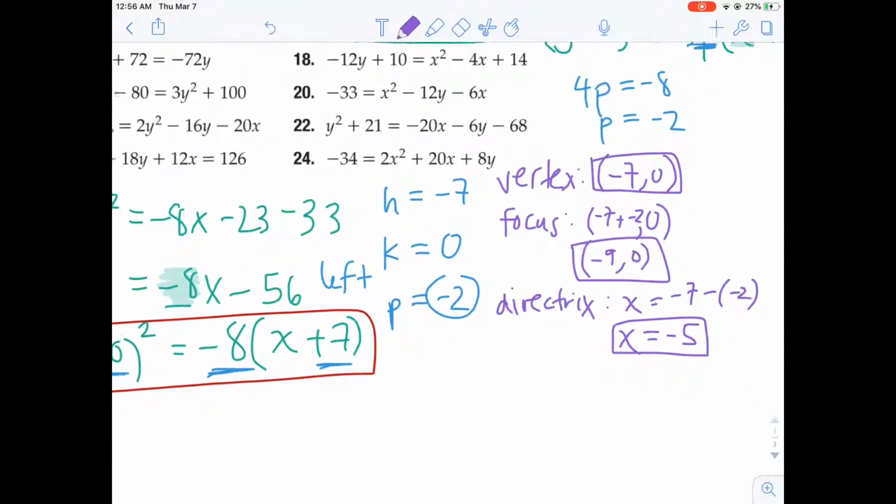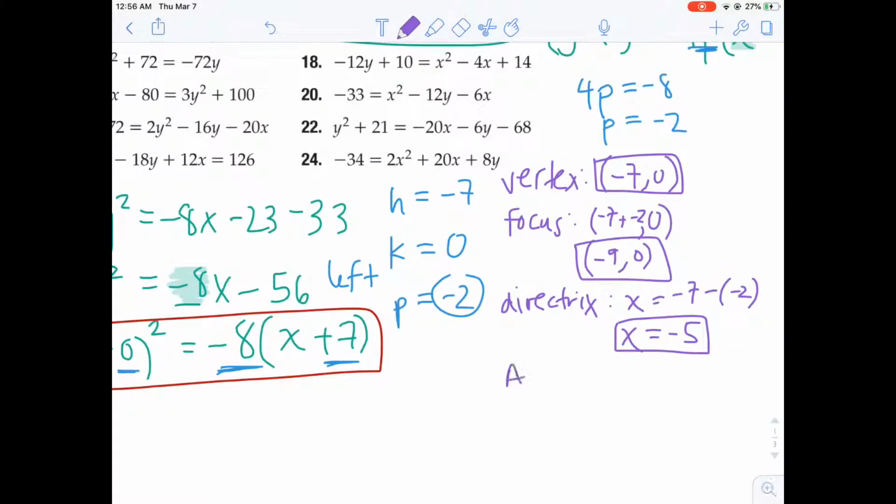So there's our directrix. And then lastly, our axis of symmetry. That is going to be y equal to our y-coordinate, because it's going to go through the vertex and the focus, so y is equal to 0, because that's the k value that we have there.